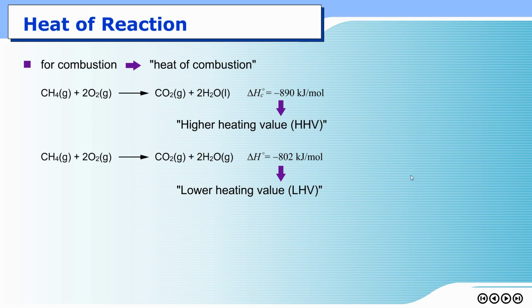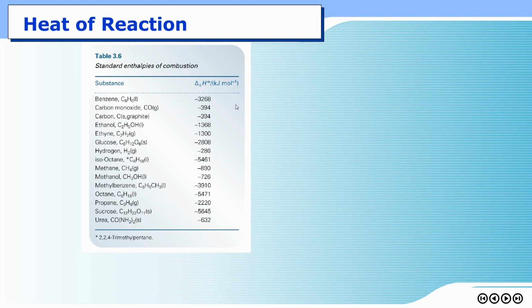If we consider several kinds of hydrocarbon, you see that this is the heat of combustion, and different hydrocarbons produce different amounts of heat of combustion. In other words, when you try to burn these fuels, they will generate different amounts of energy or heat.